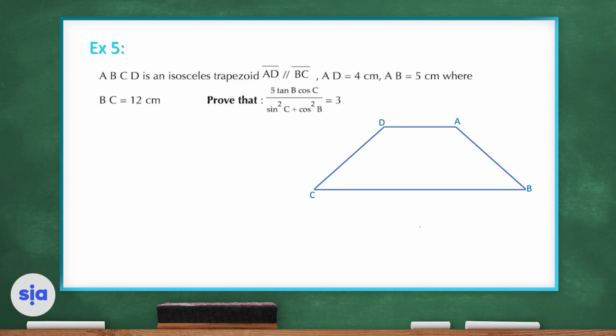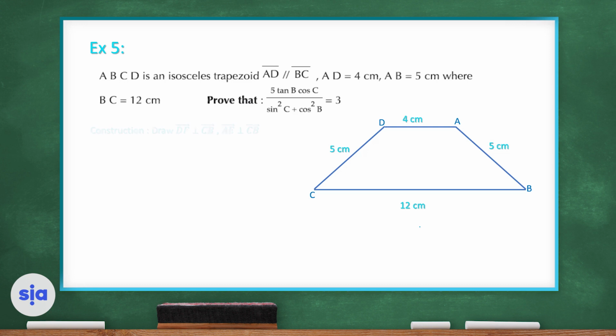Here's the trapezoid, where AD is 4 centimeters, AB is 5 centimeters, and as long as this is an isosceles trapezoid, so for sure CD is also 5 centimeters long. And here the BC is 12 centimeters long.